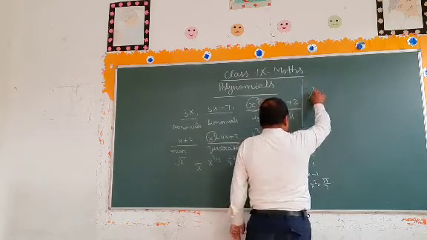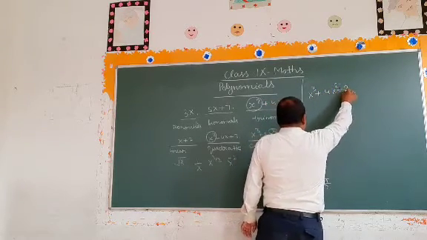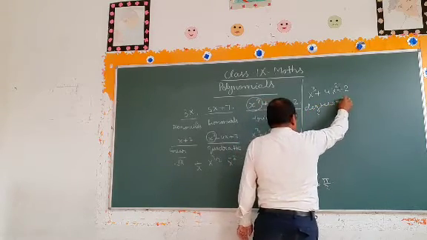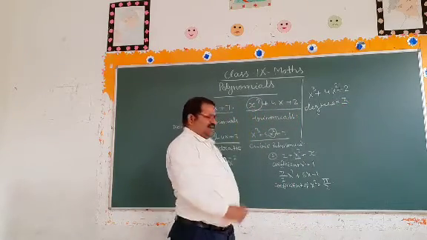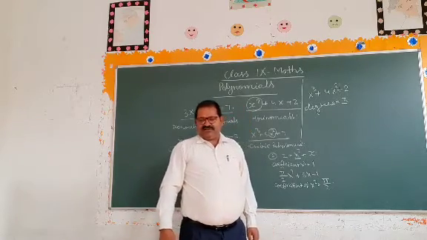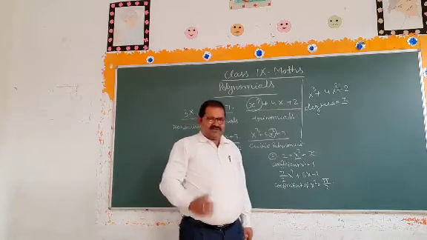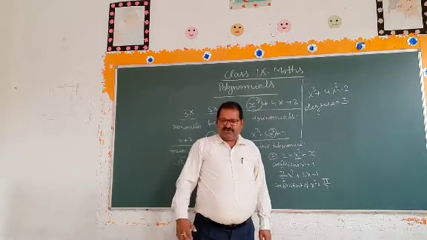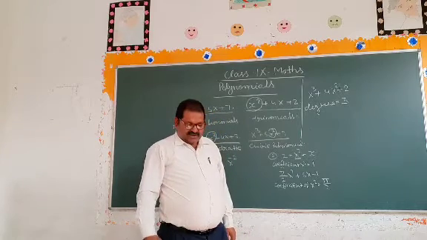Now x power 3 plus 4x square plus 2. The degree is equal to 3, because 3 is the highest power of x. Therefore, the degree of any expression.